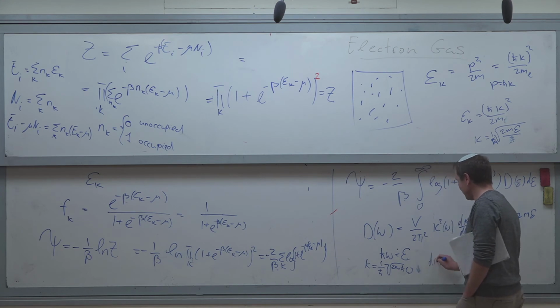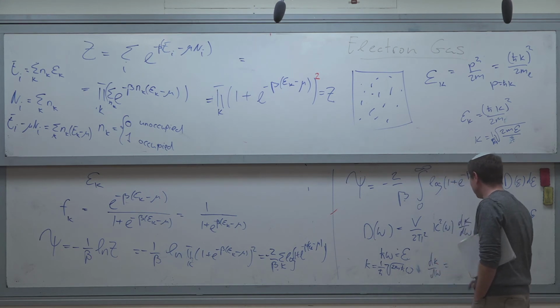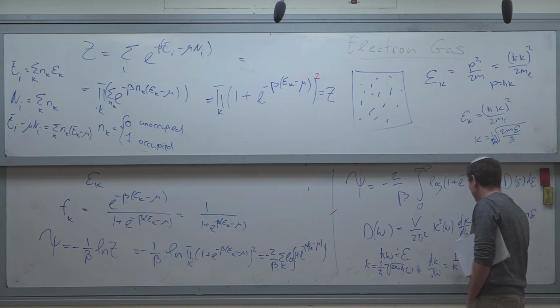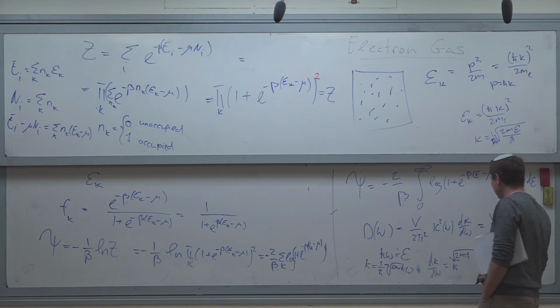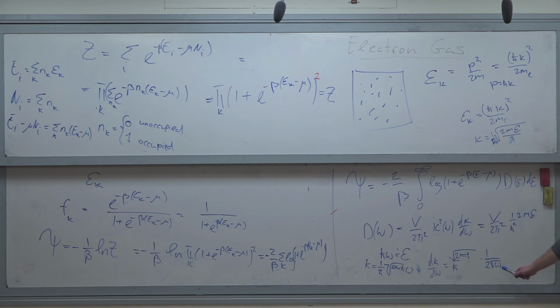So dk over d omega is 1 over h bar, square root of 2m h bar, multiplied by 1/2 over the square root of omega. And the square root of omega turns into the square root of 2m divided by epsilon, multiplied by 1/2.